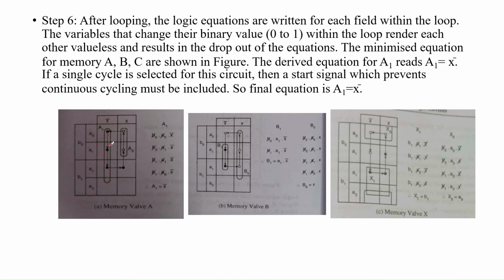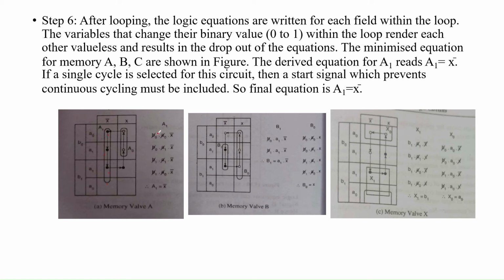Then after that we have to write the Boolean equation for every field in a loop. Considering A1, we can write 4 Boolean equations: B0 A0 x bar, B0 A1 x bar, B1 A1 x bar, B1 A0 x bar. The next step is to reduce it to the simplest form. After looping, we wrote the logic equation according to each field, and the variables that change their binary value from 0 to 1 within the loop render the other values redundant and drop out of the equation.